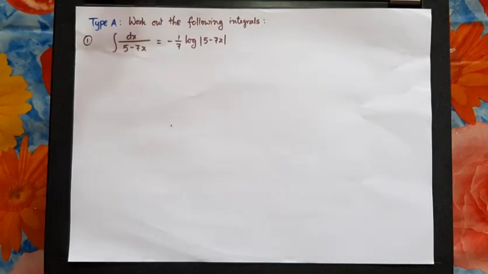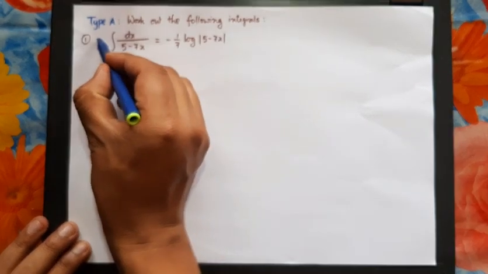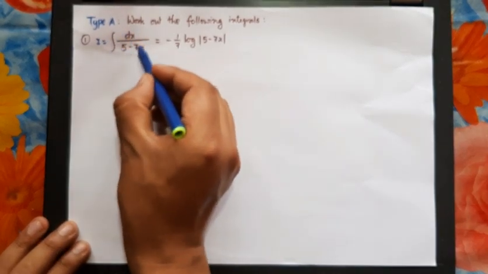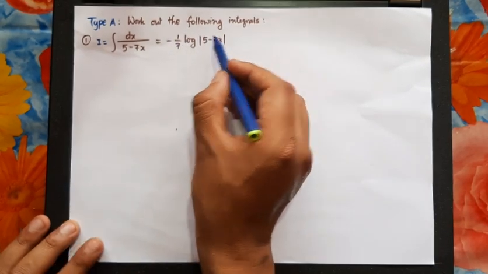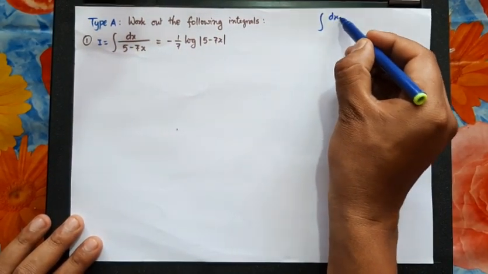Let's begin with the type A kinds of integrals. Now if you see this integral, let me call this I, and I have to prove that this I will be equal to this much, and this falls under this category.